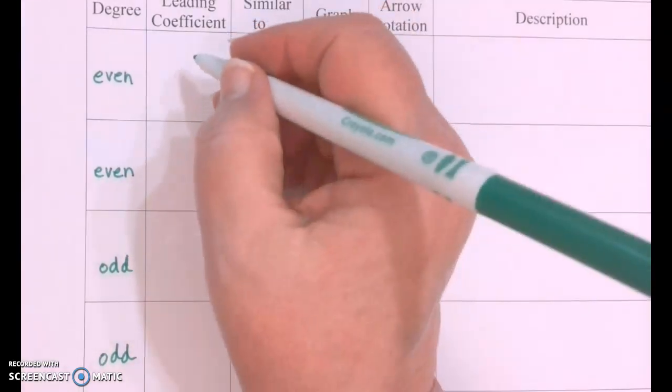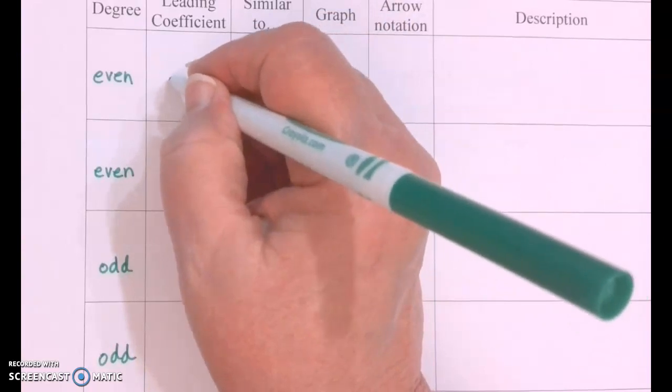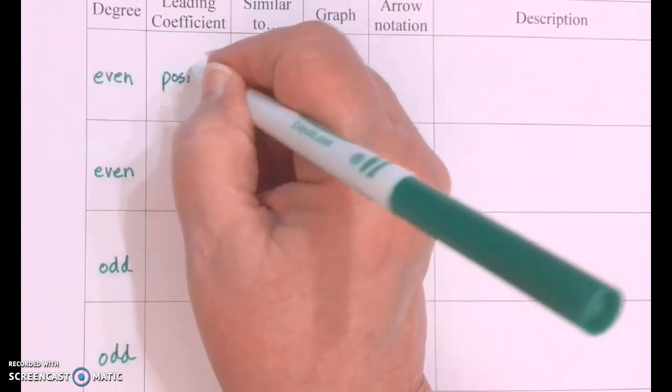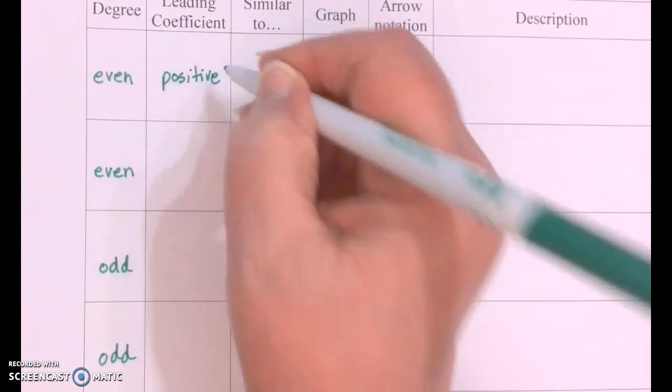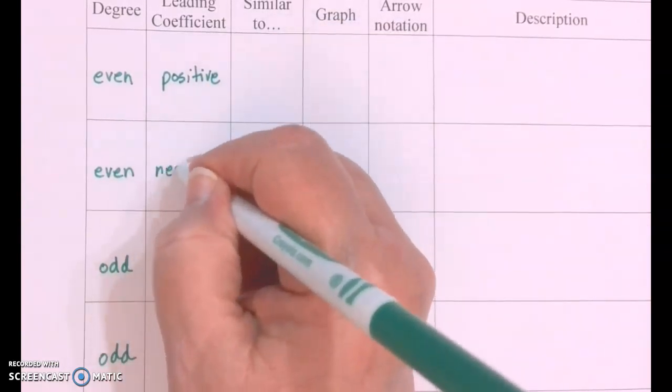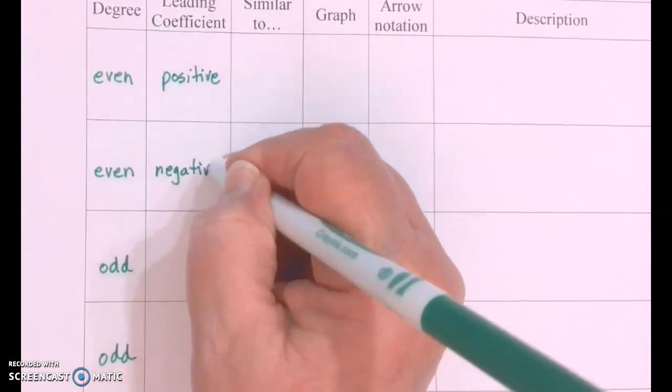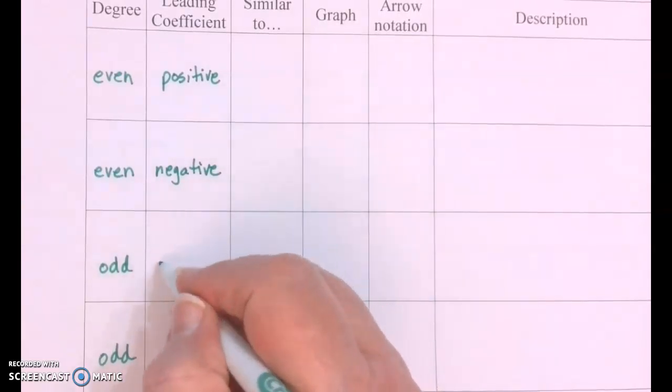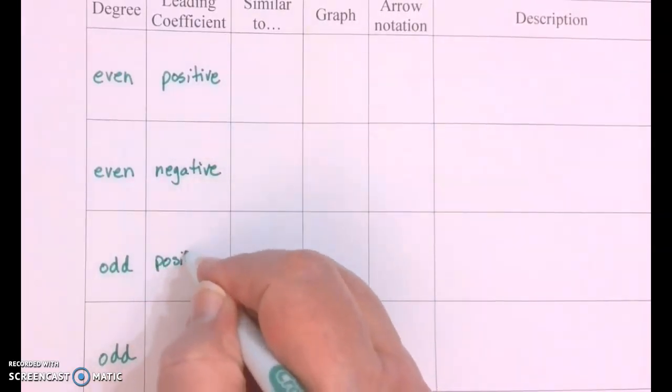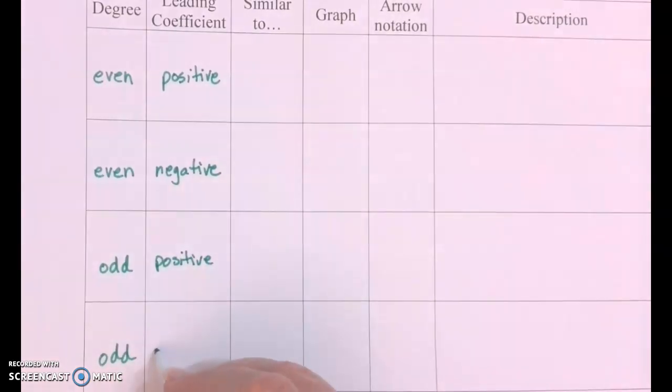So it could be an even degree with a positive leading coefficient, or it could have a negative leading coefficient. It could be an odd degree with a positive leading coefficient, or with a negative leading coefficient.